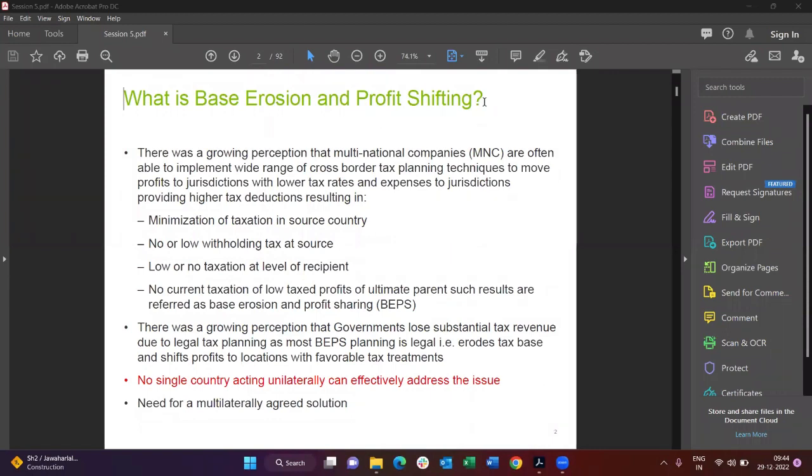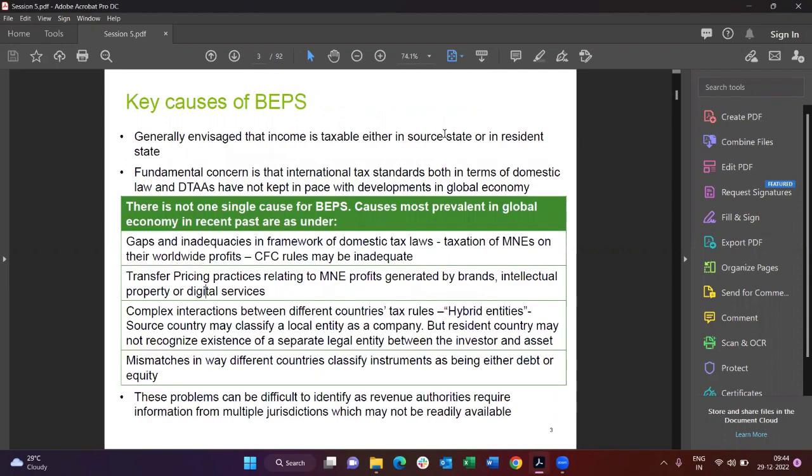So key causes of BEPS. As I said, there wasn't any single cause for BEPS. The main cause was tax avoidance, and the gaps and inadequacies between the domestic laws and the tax treaties. So these MNEs were taking the benefits of tax treaties and engaging in treaty shopping, and engaging in arrangements where they were paying nil tax or low tax.